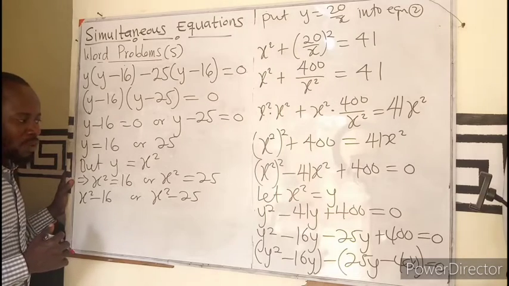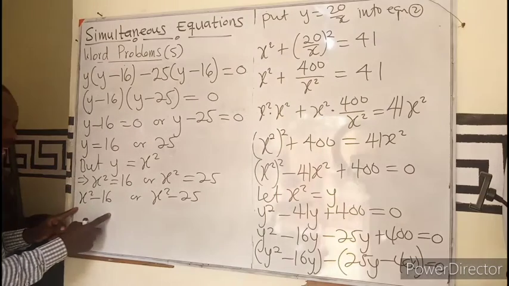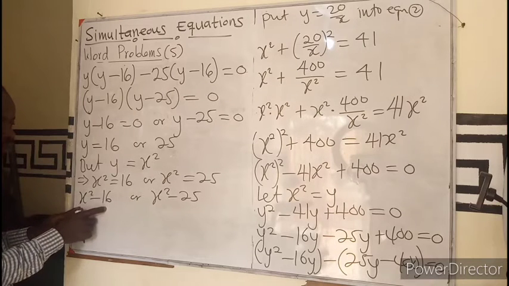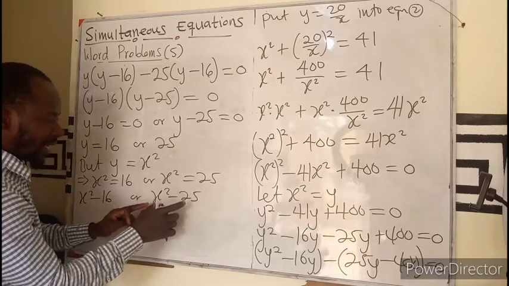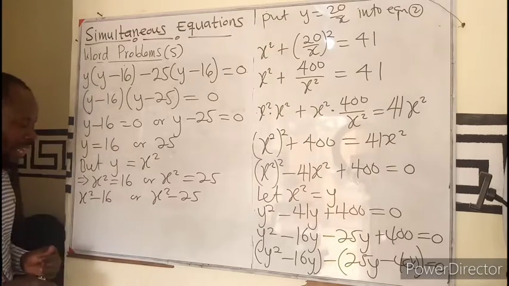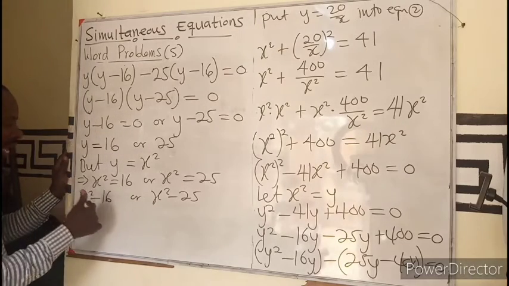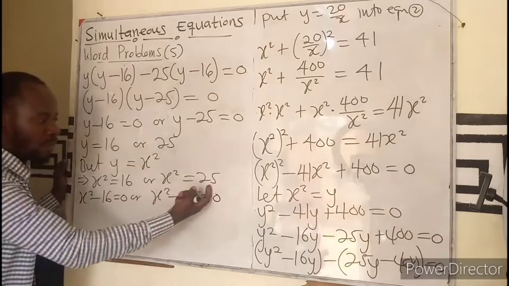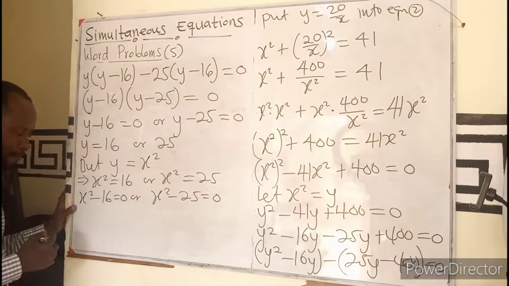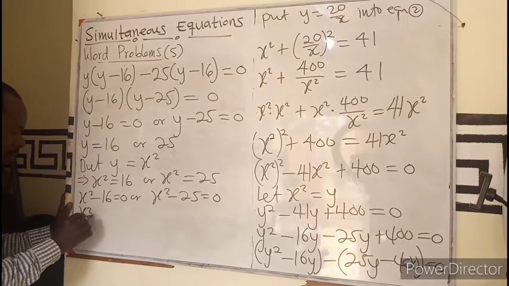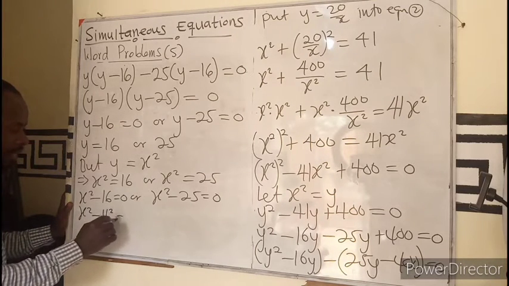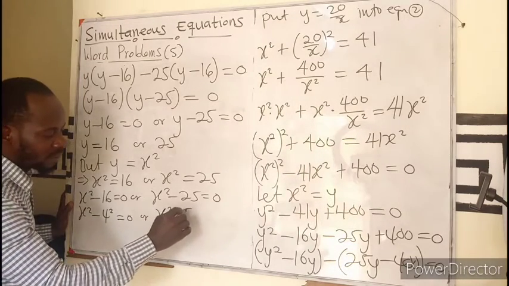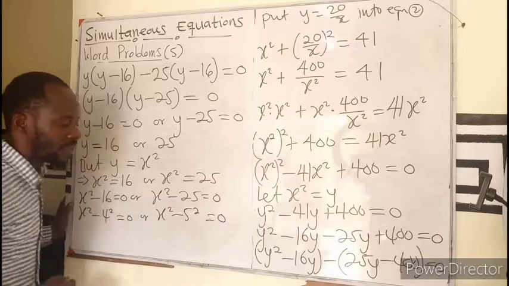In this case, I can use difference of two squares. Don't forget, as this is moving to this side, you are left with 0. So x squared minus 4 squared equals 0 or x squared minus 5 squared equals 0.